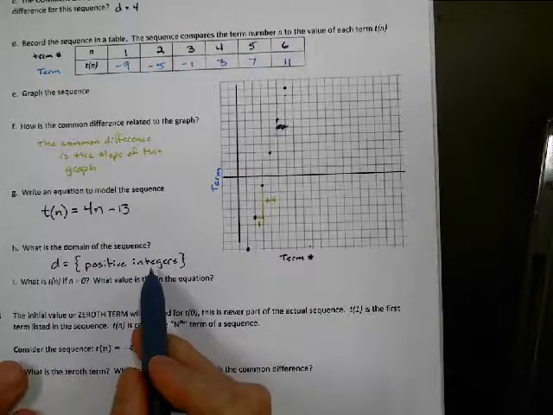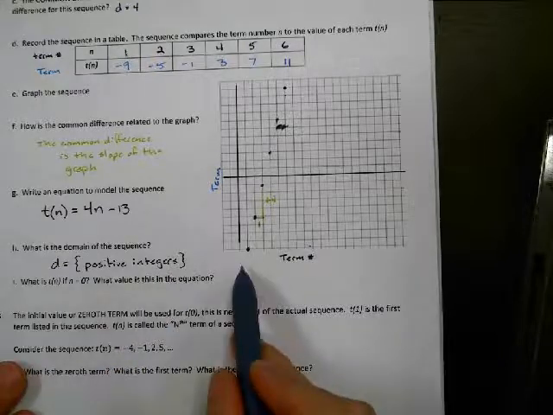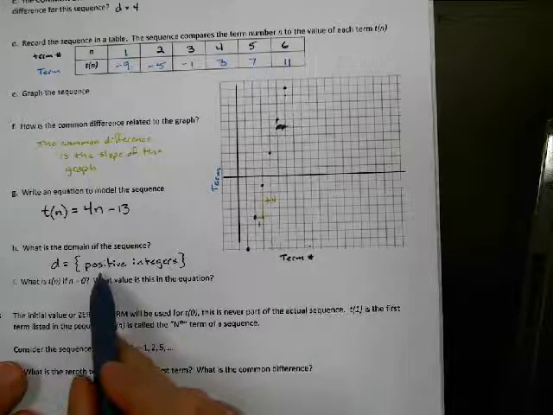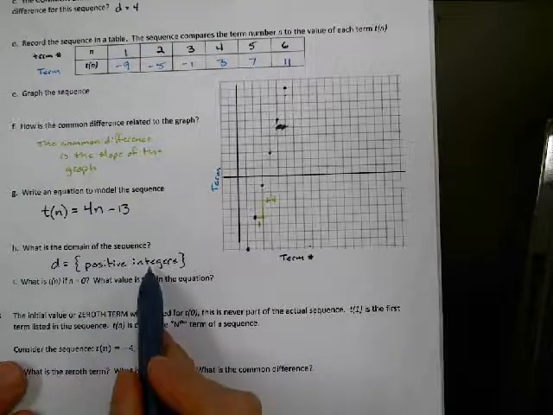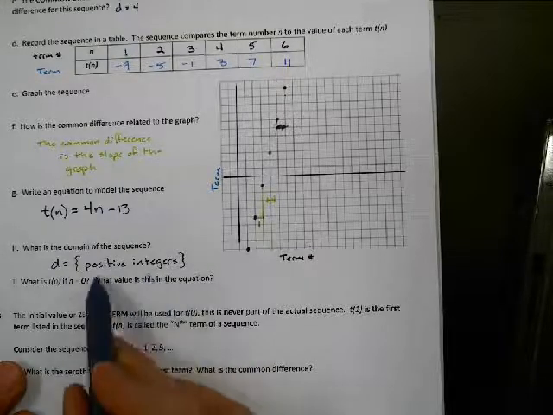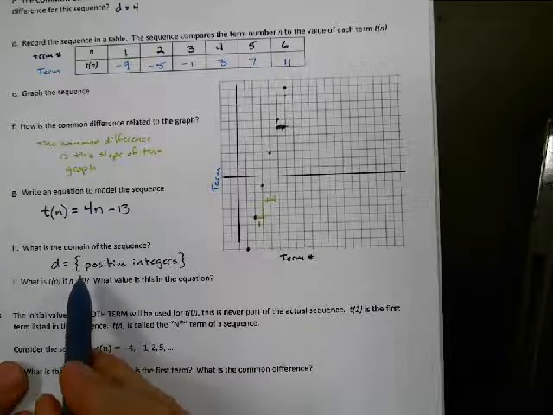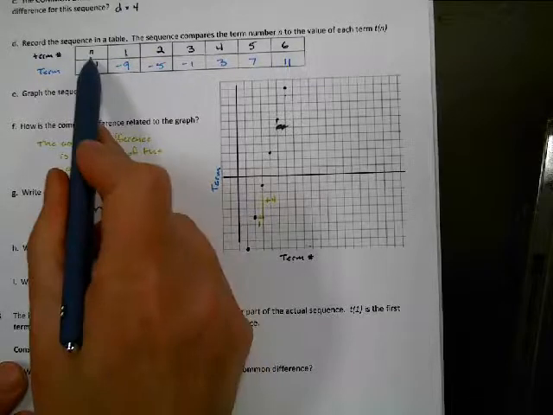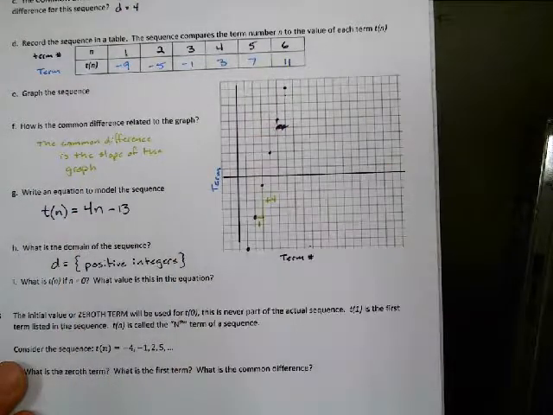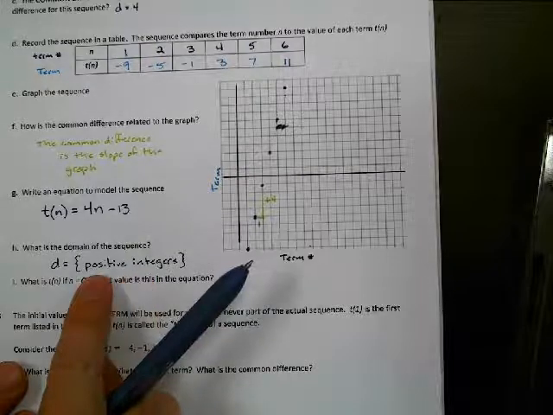But I can't have negative term numbers. My terms start at 1. So I'm going to say it's only the positive integers. 0 is not positive. So we're going to say that it's the positive integers. Those are my possible term numbers because our domain is our term numbers. And I'm starting at 1 and then increasing by 1 each time up there. Those are integers, and they're only the positive integers.